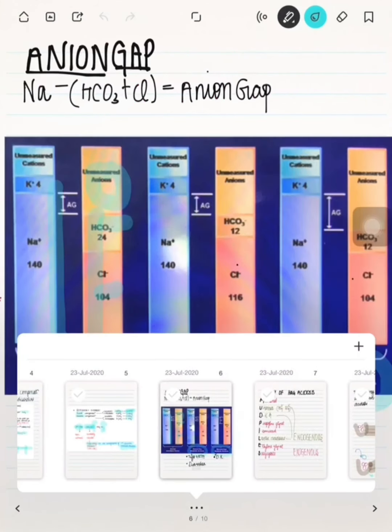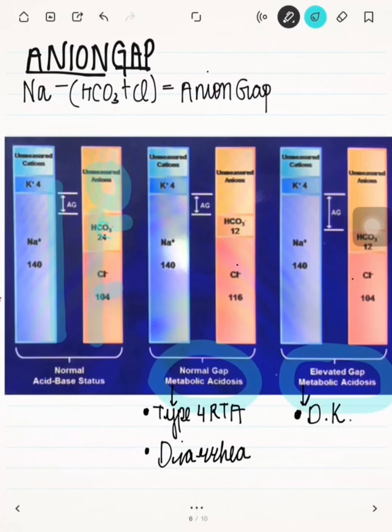See here, normally bicarbonate is 24. Now bicarbonate has decreased. This decrease in bicarbonate is because it is compensating for the extra hydrogen ion that has entered. So from 24 to 12 there is a decrease. Similarly here we can see a decrease of 12. So the anion gap is increased in case of lactic acid.